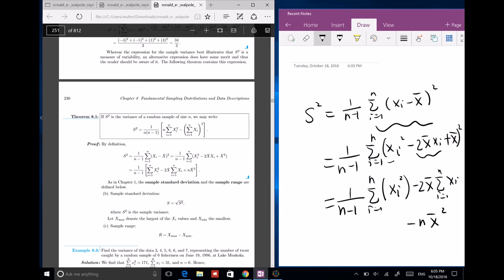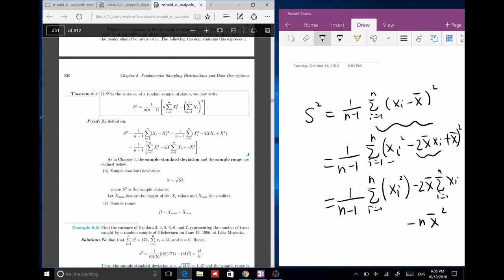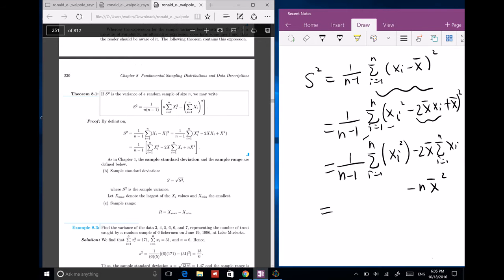Now the sample standard deviation, and if you subtract that, then you got the whole thing. You add all of this, this x added together is going to be n times x bar again.